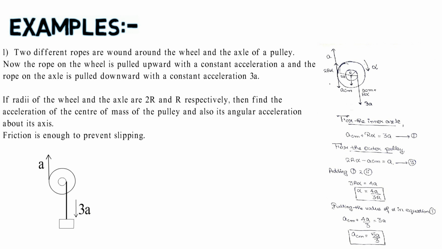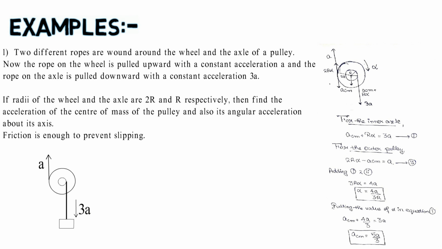Here we have 2rα acting in the upward direction at the point of contact to the rope, and a_cm, as we had previously taken a_cm downward, will act in the opposite direction, and the resultant, given in the problem, is a. So we can write 2rα − a_cm = a, again because there will be no relative acceleration at the point of contact with the rope.